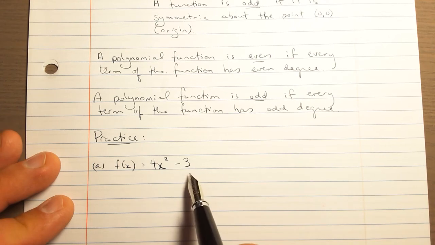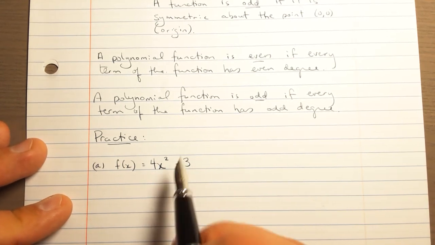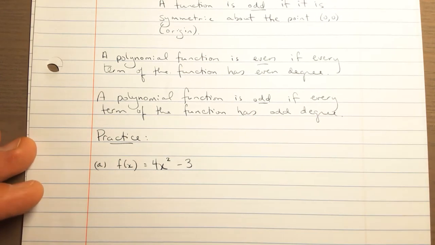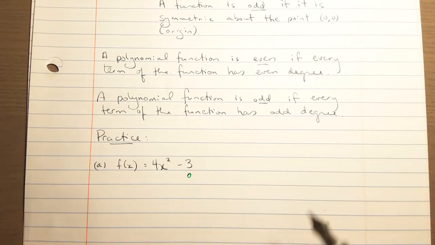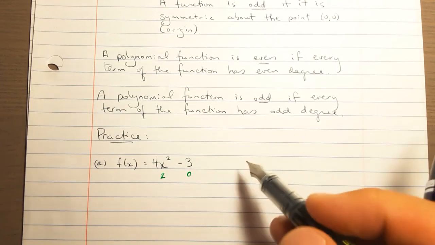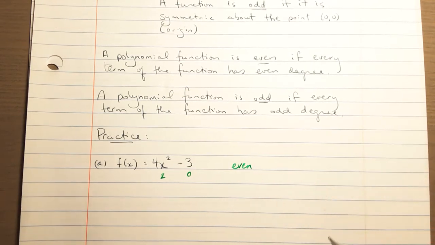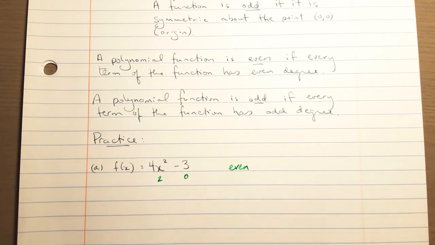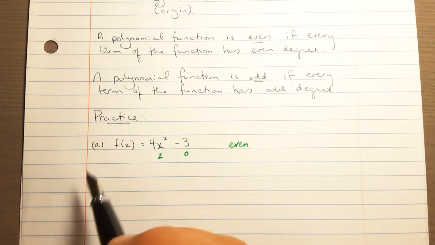Now you might be familiar with this because it's a parabola, but let's just look at the degrees of each term. So this term has degree 0. I'll write it underneath here. That's a degree 0. 0 is an even number, and that's degree 2. So these are both even degree. So this is an even function, which means it's symmetrical about the y-axis. You could flip it or reflect it across the y-axis, and you'll get exactly the same function.